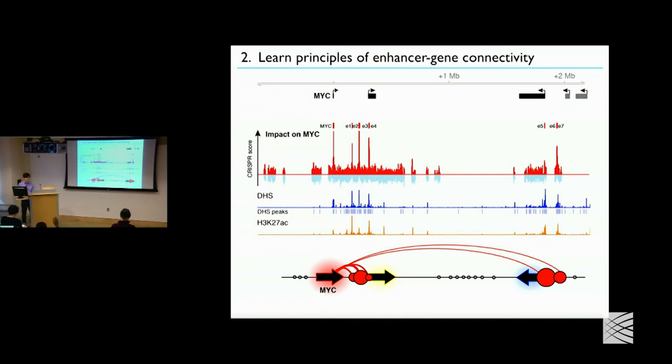How do you think about the height of the DHS peaks? Is it influenced by the number of cells in the population that have that region open? Is it the openness average? I'm not that familiar with the experimental procedure, so how do you think about the height of the peaks? Right, so it comes down to the details of the assay, and to some extent it's guesswork. I think the things that you mentioned are essentially how I think about it.